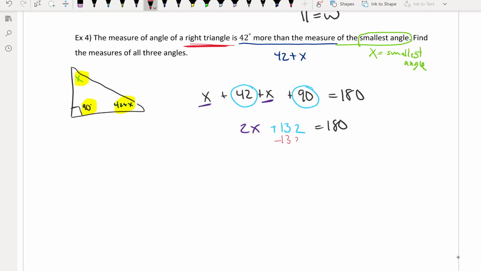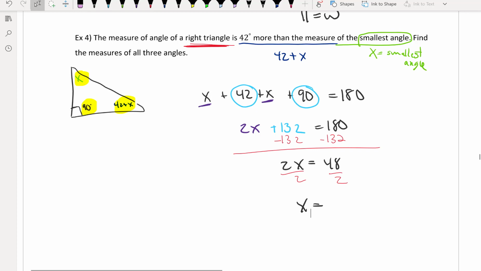So I'm going to subtract 132 from both sides. Now I have 2x and 180 minus 132, which is 48. To get the x by itself, I'm going to divide by 2. So 48 divided by 2 is going to give me 24.